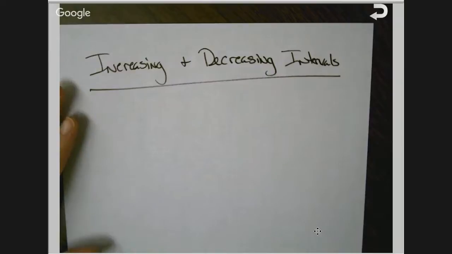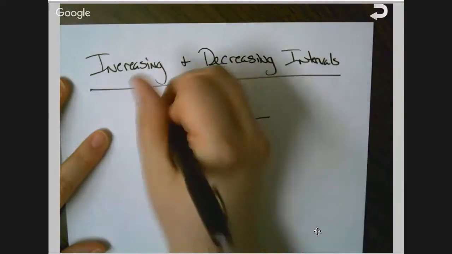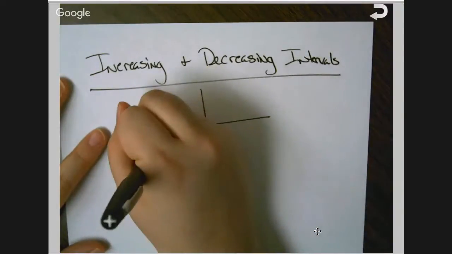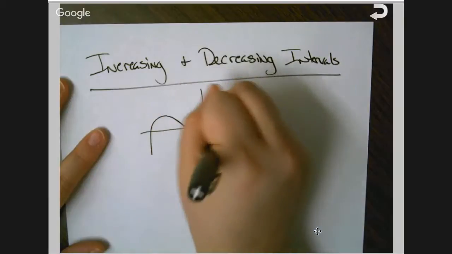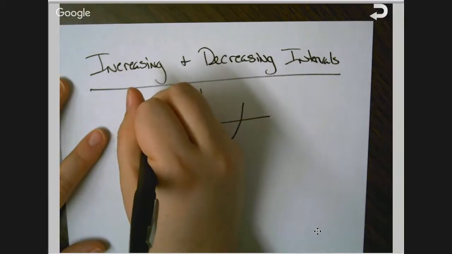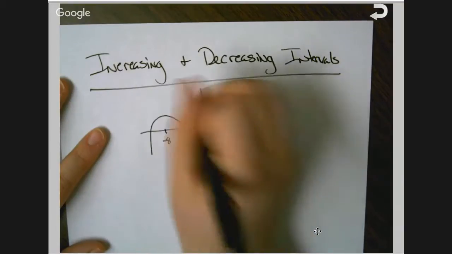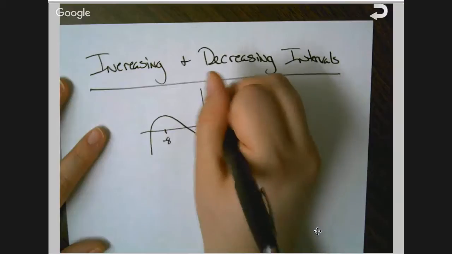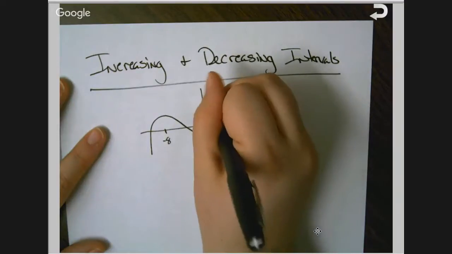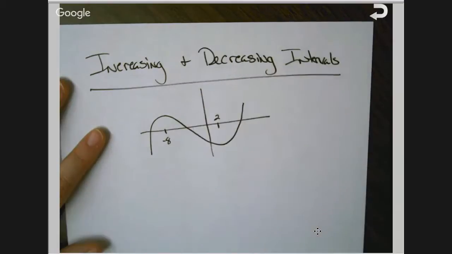It is telling how a graph moves. I'm going to make up some numbers here in just a second, and say this is -8 and this is 2.